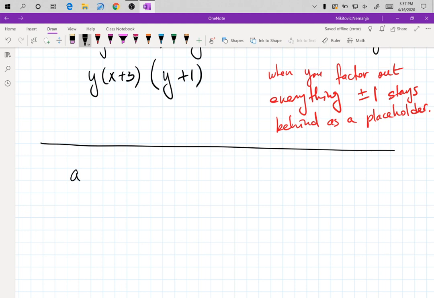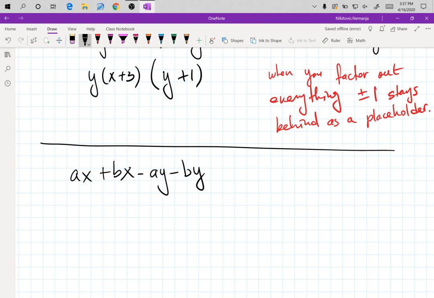Factoring by grouping: ax plus bx minus ay minus by. You can group this in any way you want. The important thing is to see that we have 4 terms.